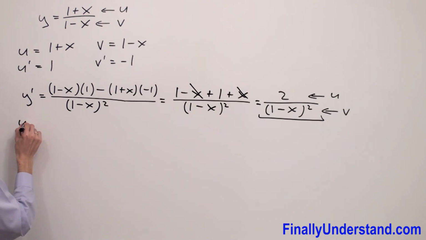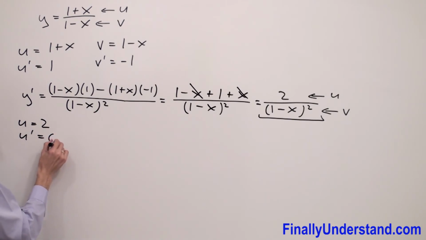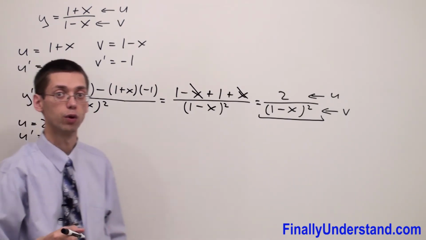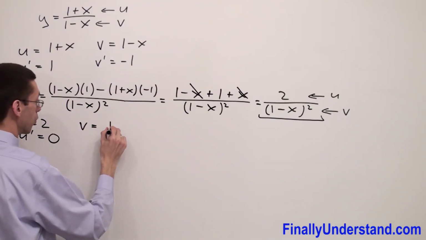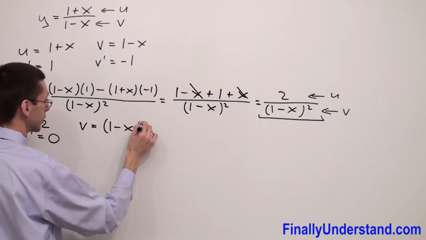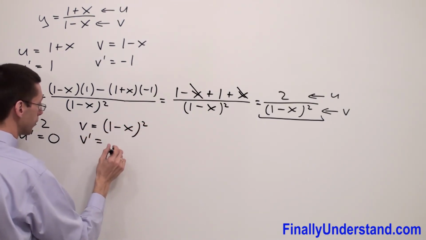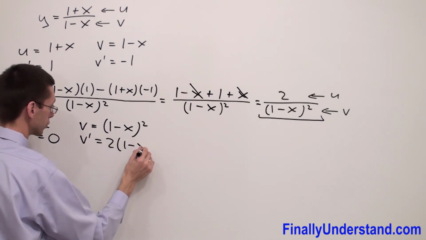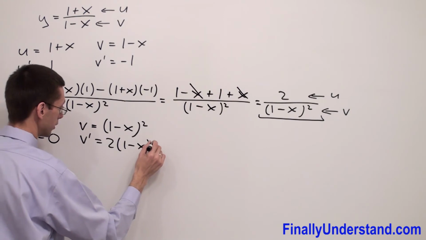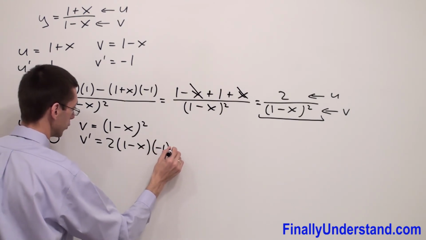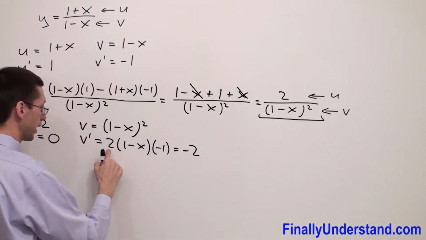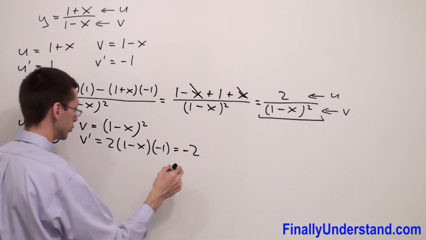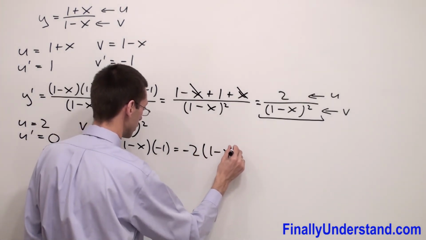So u prime is equal to 0, because the derivative of a constant is equal to 0. v is equal to 1 minus x to the second power. v prime is equal to 2 times 1 minus x times negative 1, which is equal to negative 2 times 1 minus x, because positive 2 times negative 1 gave me negative 2.